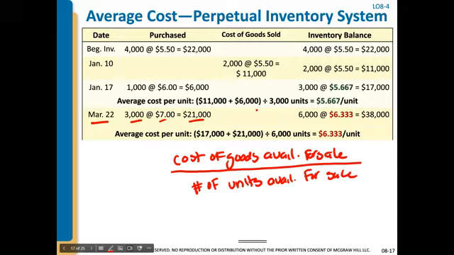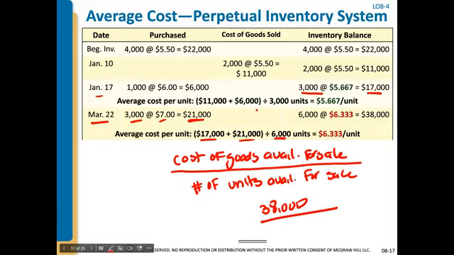And what's our cost of goods? We had 3,000 units at January 17th that we valued at $17,000. And then we acquired another 3,000 on March 22nd at a cost of $21,000. So you take the 17 plus 21, and that is, I can't do math that fast, it's $38,000. So we have the $38,000 divided by how many units?